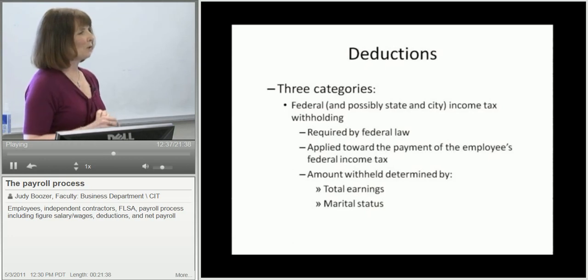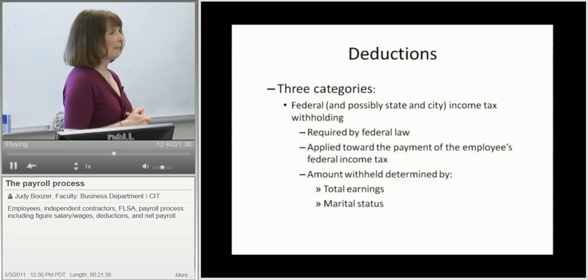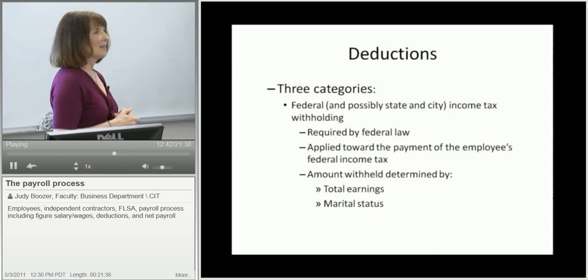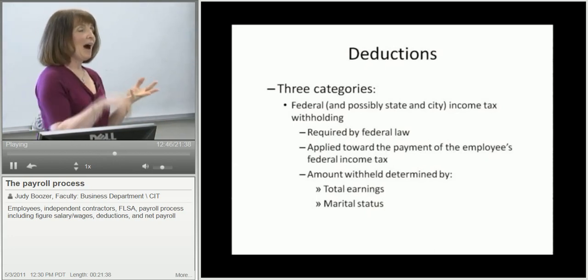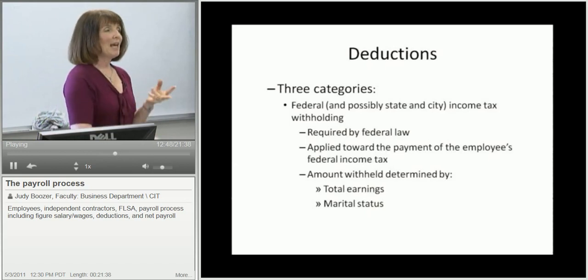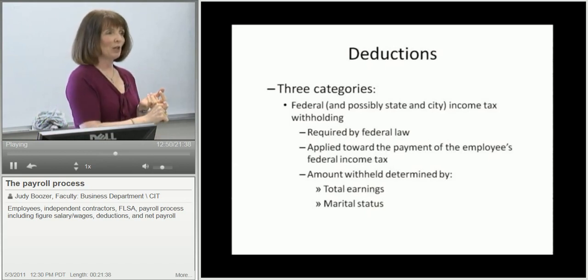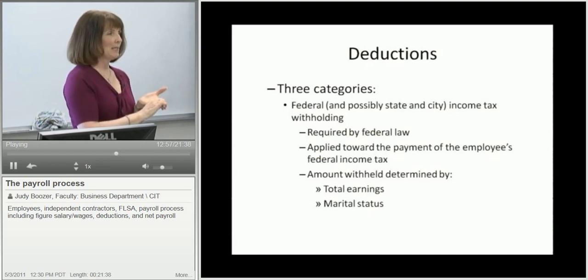What is your federal income tax based on? Your marital status, how much you earn, and your exemptions that you've claimed. Your exemptions include yourself, if you have a spouse, and if you have any dependents, any children.